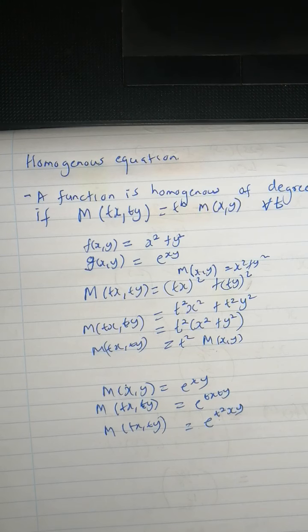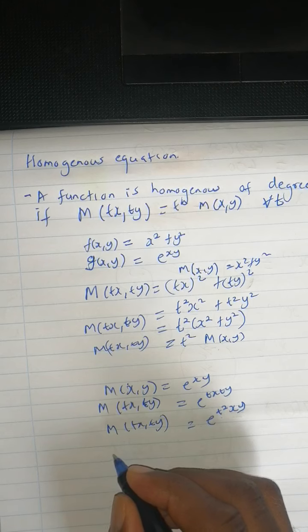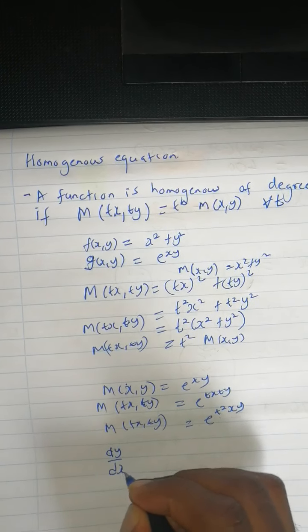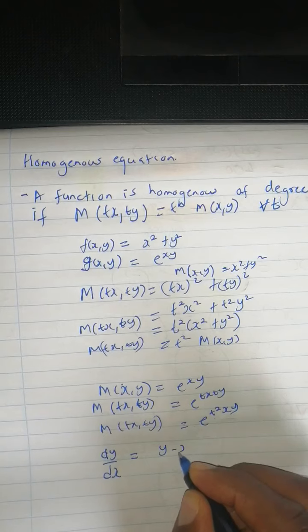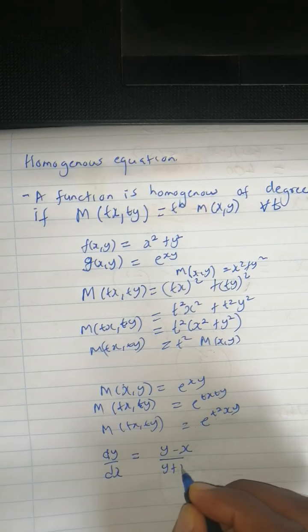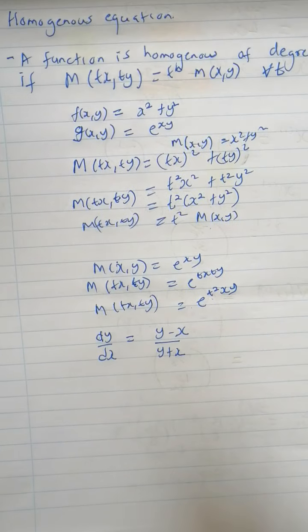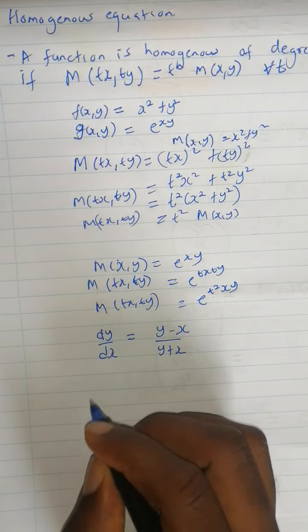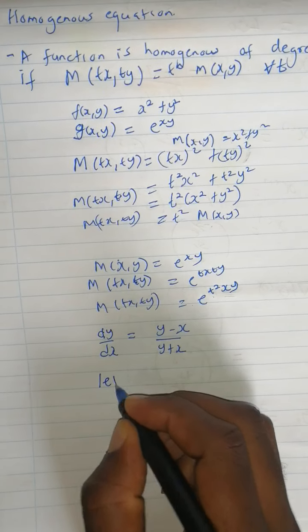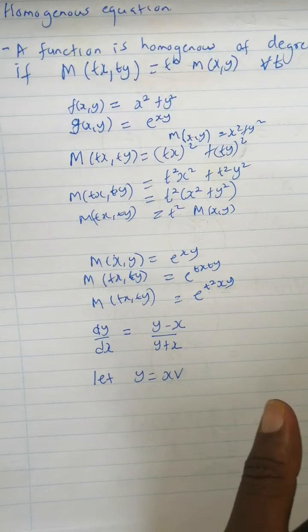So now let's do an example. dy over dx equals y minus x divided by y plus x. So when we solve this problem, we want to solve the ODE. We let y equal to xv.